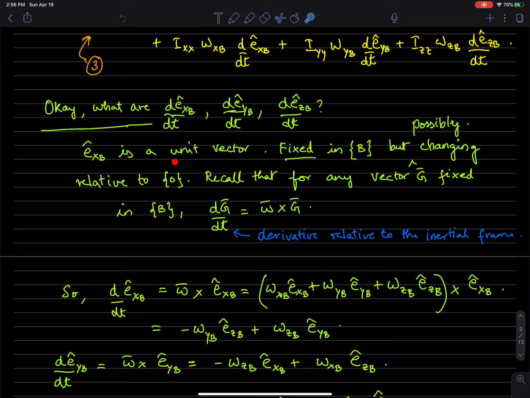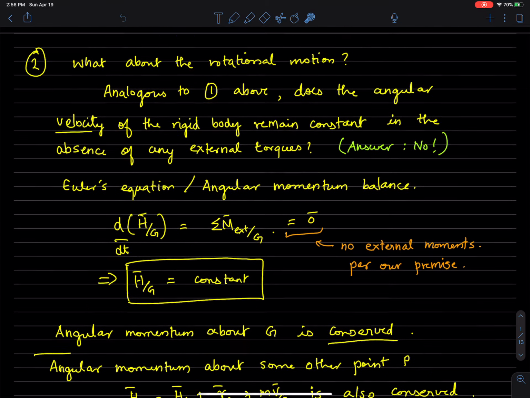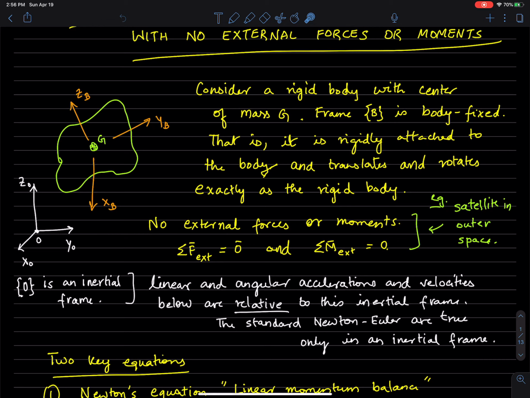So e_xB is a unit vector, by definition. And by definition, it's fixed in the frame B. It's a constant in the frame B, right? So in the frame B, let's go back to the original picture here. In this frame, by definition, e_xB is some constant. So if you're just sitting in this frame, rotating with this object, and you're looking at e_xB, the direction of e_xB in this frame is fixed for all time, because it's moving with this frame.